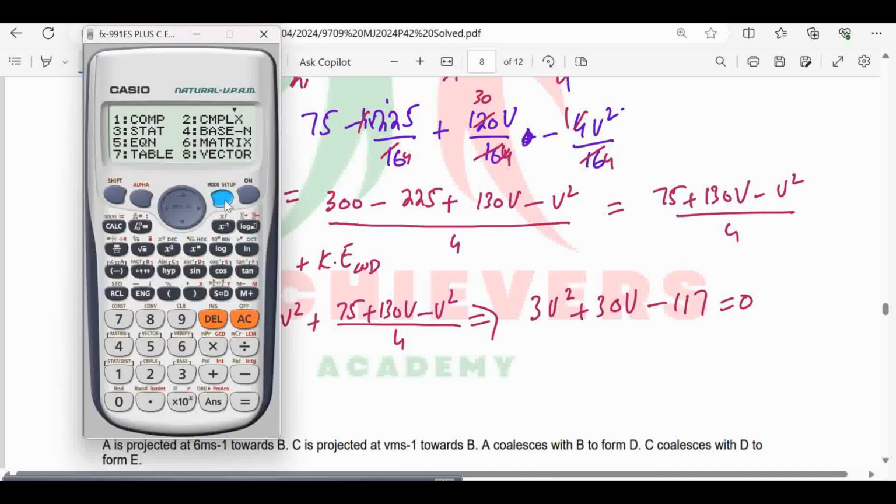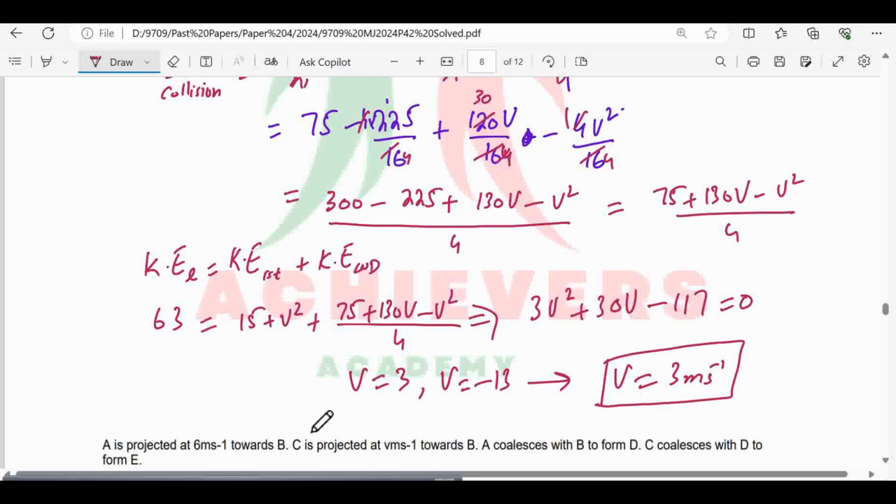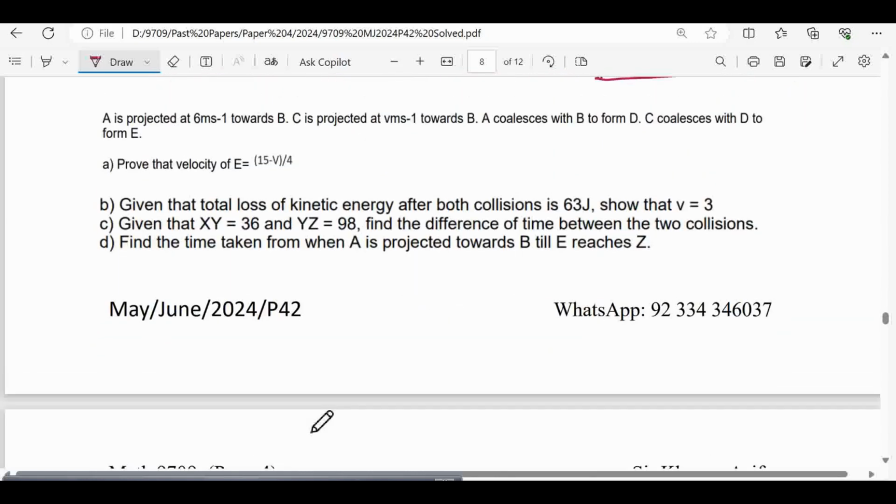So 3, then we have 30, then minus 117, so v is equal to 3 and v is equal to minus 13. But from here the final answer will be 3 meters per second only, because we have to keep the direction in mind.